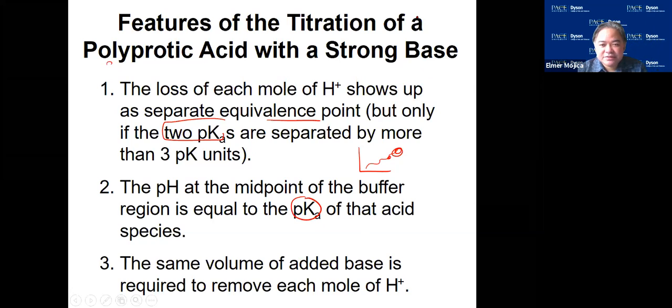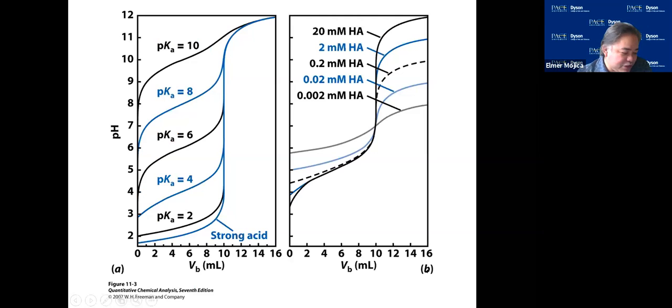Okay, so how do we look at this titration curve? What happened if we have a titration curve like this one? How are we going to conclude in this first figure? What can we say here?